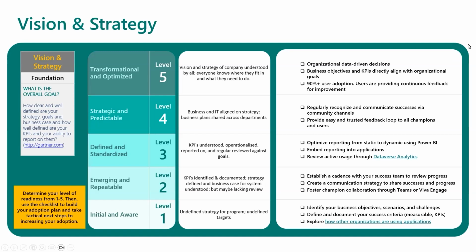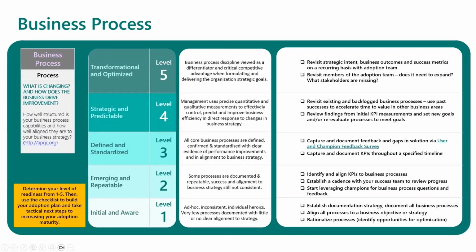Okay, let's move on. In the area of business process, think about what is changing and how the business drives improvement. A low level of readiness would look like ad hoc processes that have little alignment and impact on the overarching strategy. And a high level would be your business processes being absolutely critical to delivering organization-wide goals.